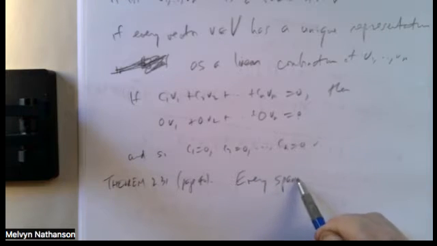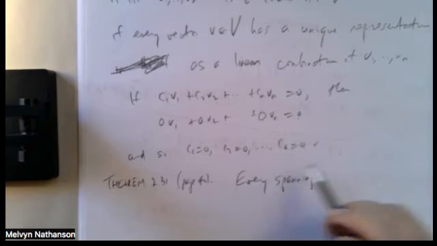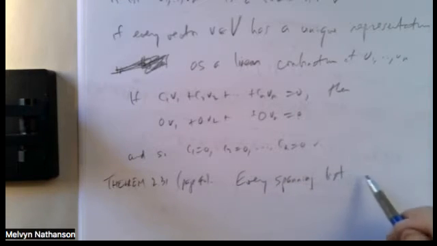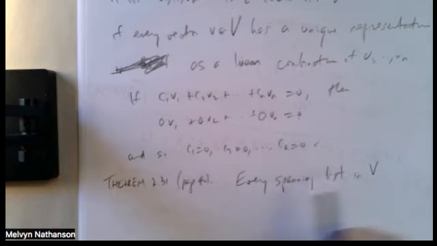Every spanning list of vectors in a vector space V contains a basis. So if you have a sequence of vectors that span the vector space, you can remove some of them, and what's left will be a basis for the vector space.